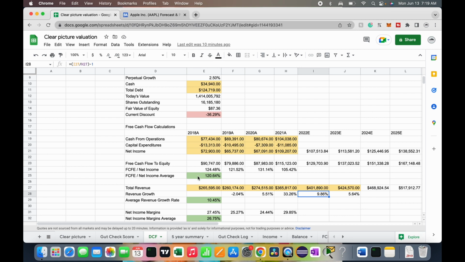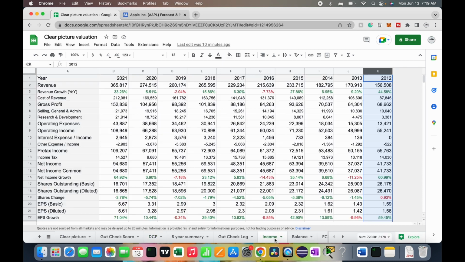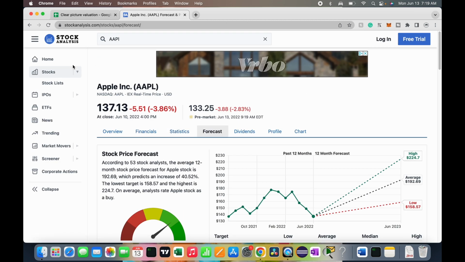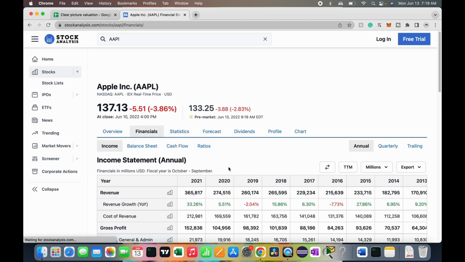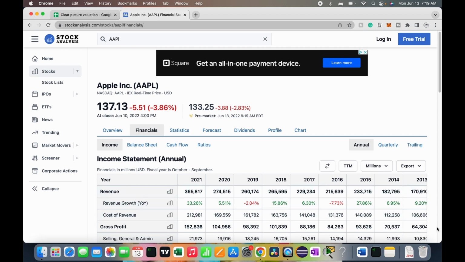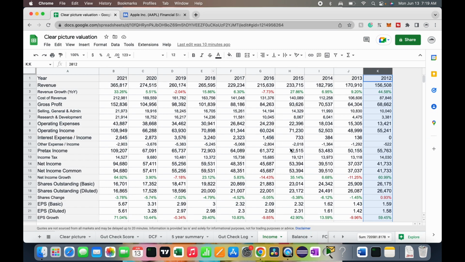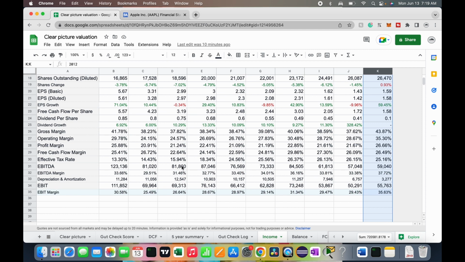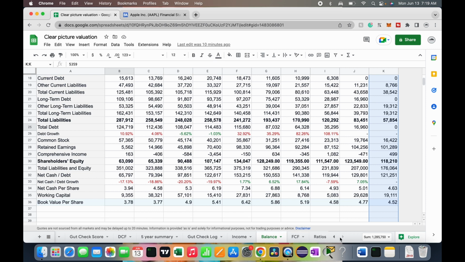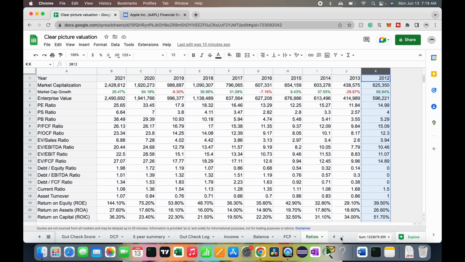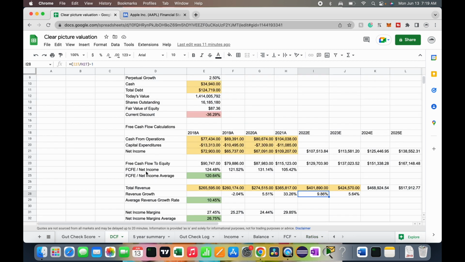The way I have set up my valuation model is that I copy from the stock analysis platform, drag it all out into my valuation model, into the income, balance, free cash flow, and ratio sheets, and it will auto populate these cells.